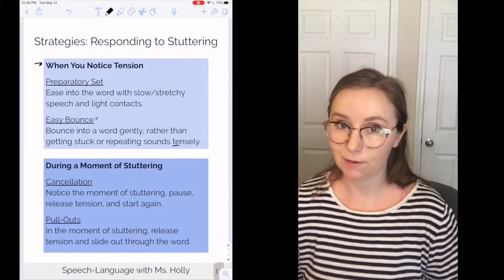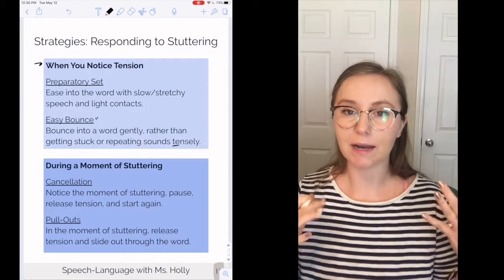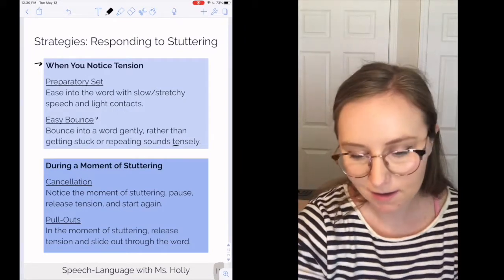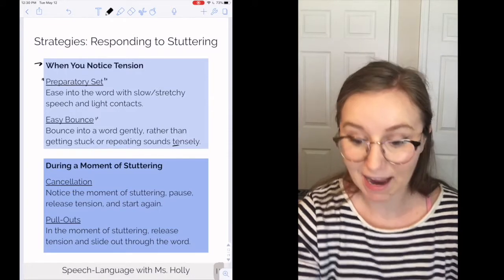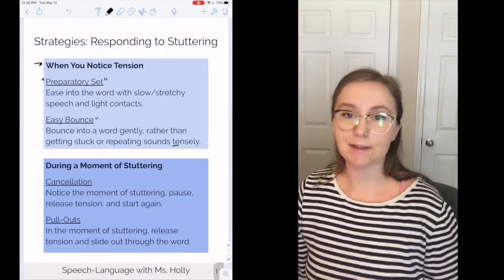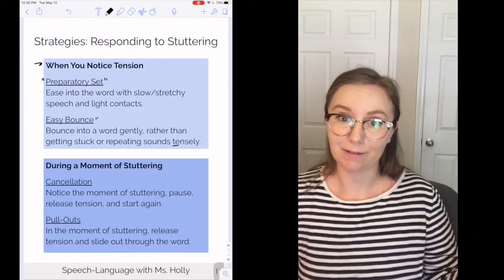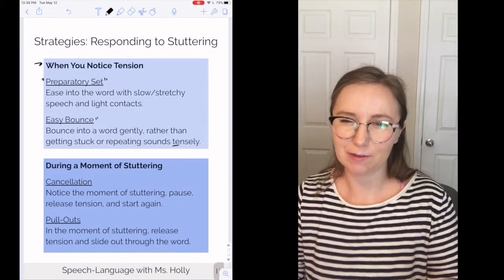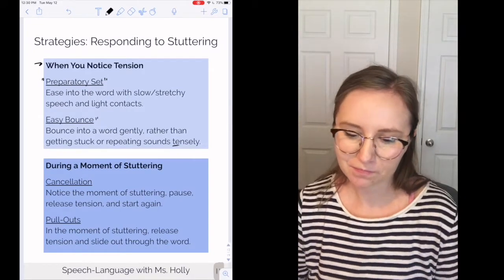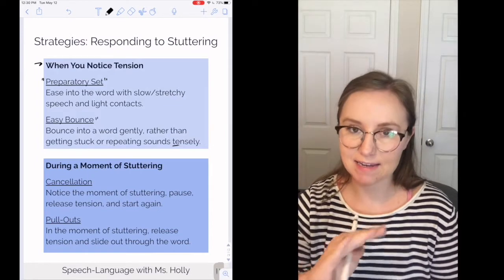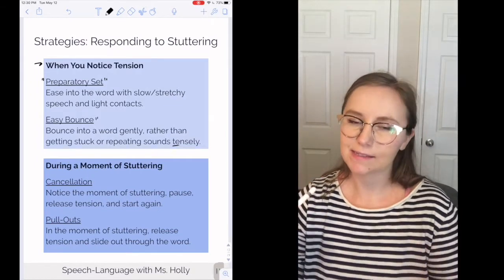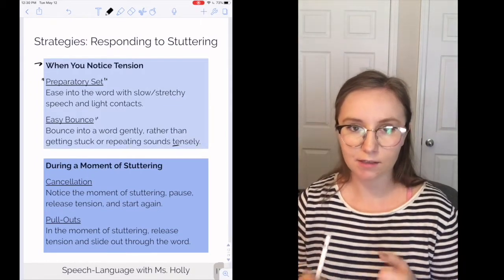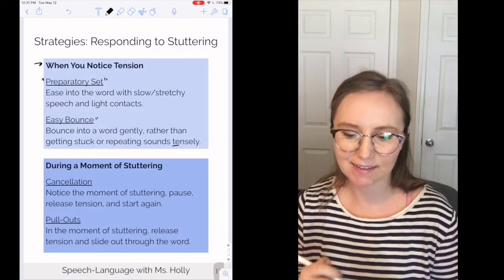So if you start to notice some tension, what you can do is called a preparatory set. And this is neat because it's actually just using all the strategies that we talked about when preparing for fluency, but you incorporate it when you start to notice tension. So what you'll do is you'll ease into a word with slow and stretchy speech and those really light contacts.